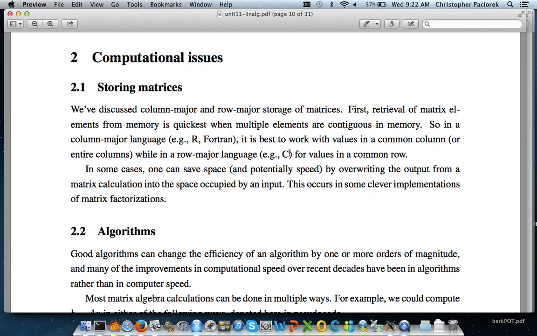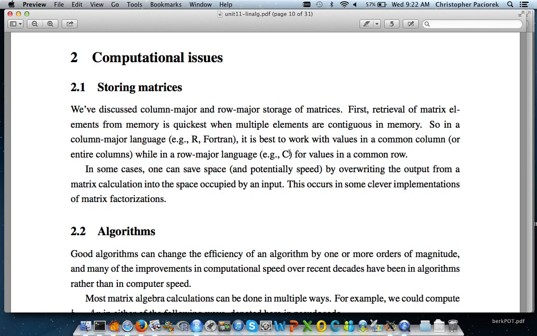And then the third piece is you could have a good algorithm, but if you don't implement it in an efficient way that takes account of the properties of your hardware, then you may not get all of the benefit from the good algorithm. So: fast computer, good algorithm, efficient implementation.